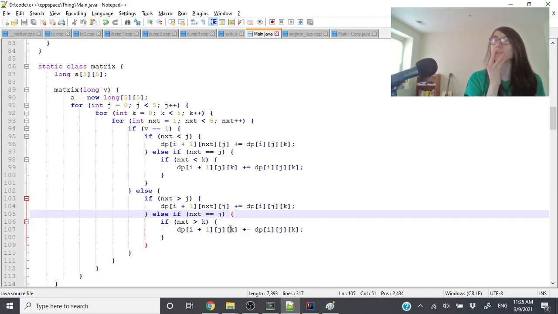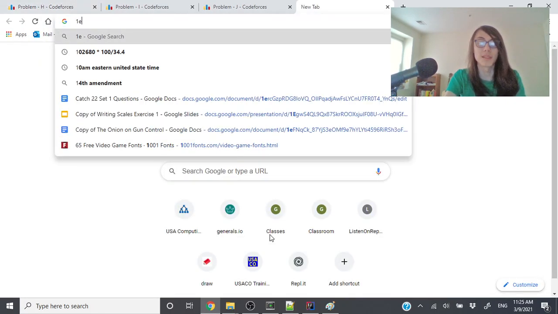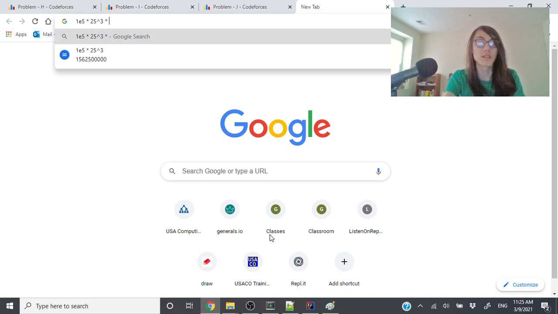It's not that simple, is it? It's not that simple. Because the second tree would be 25 cubed. That's not going to happen, right? 25 times 25 cubed times log 2 of 25.